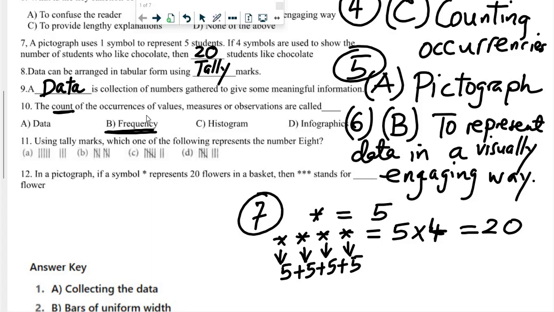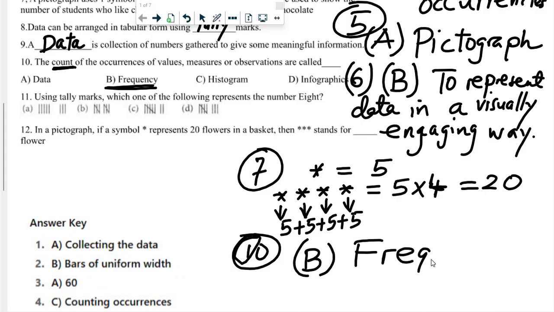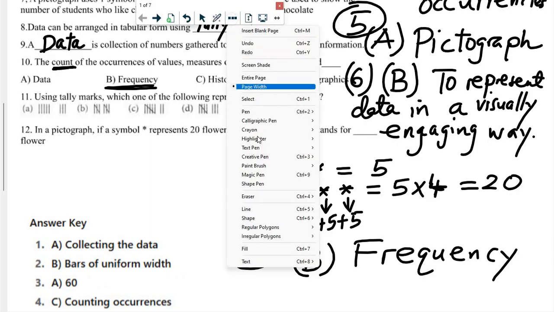The correct option is option B, frequency. So that is question number 10.